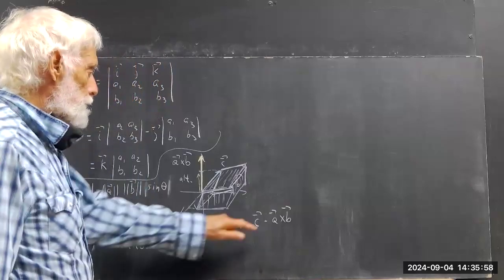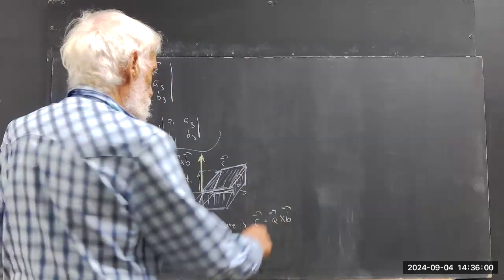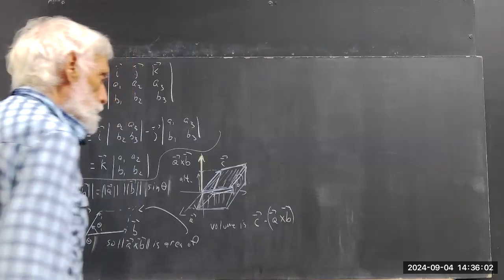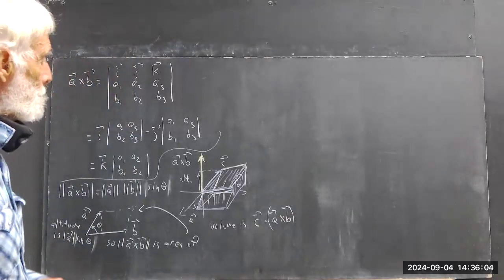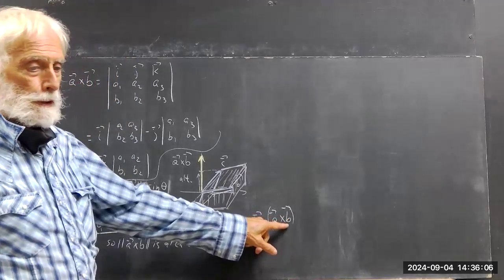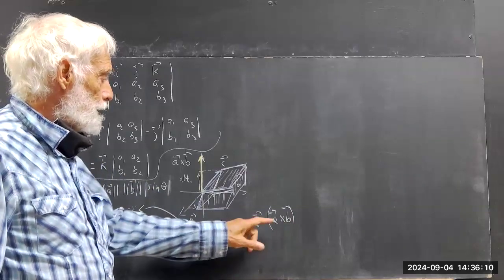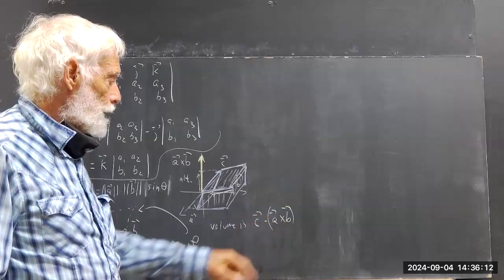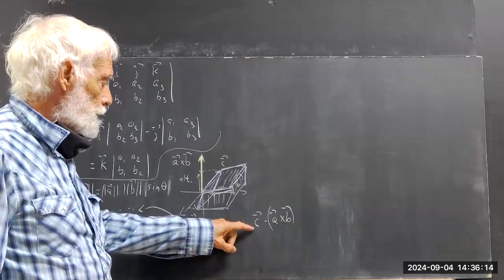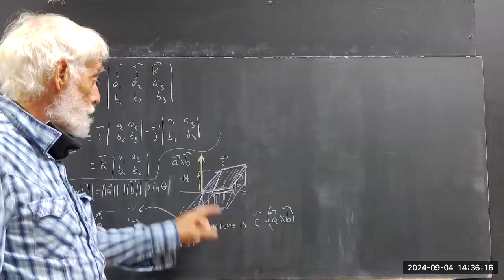Now, order of operation: do you do the cross before the dot? Be sure I put that in the parentheses. The magnitude of this is the area of this base. C dotted with that multiplies the magnitude of C times cosine of theta.